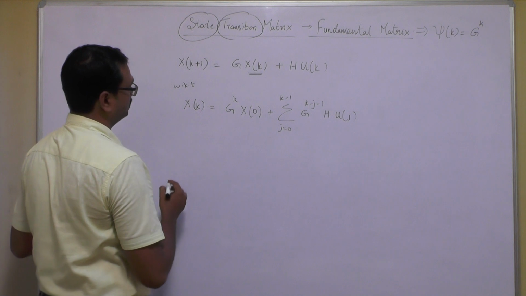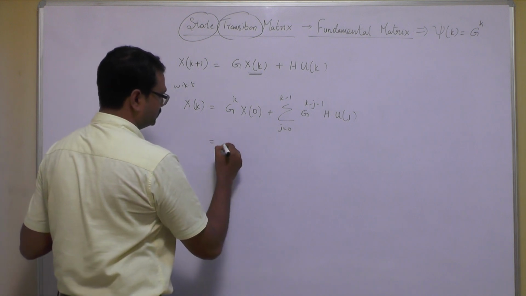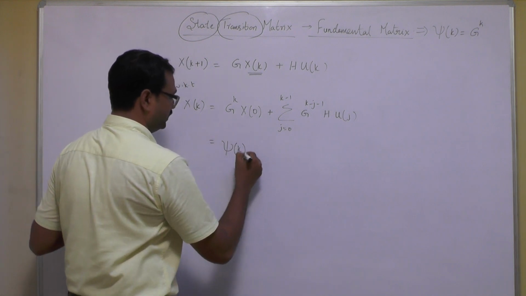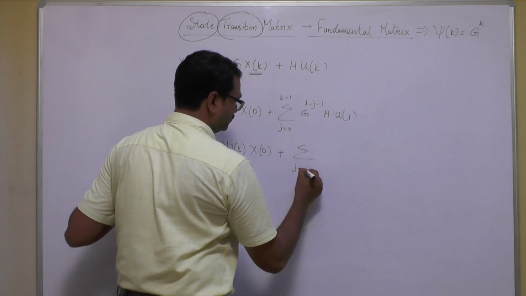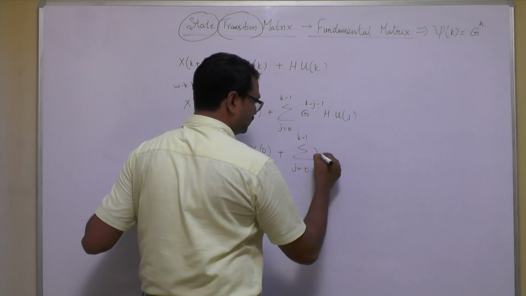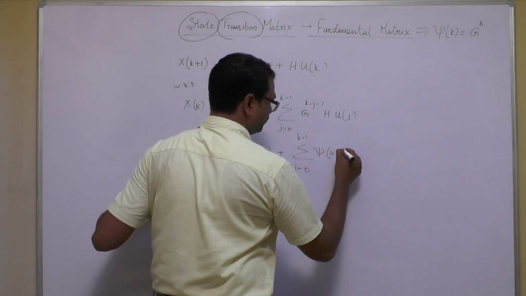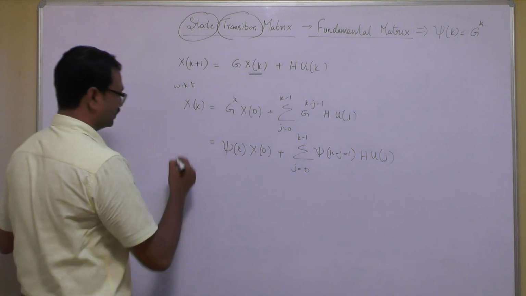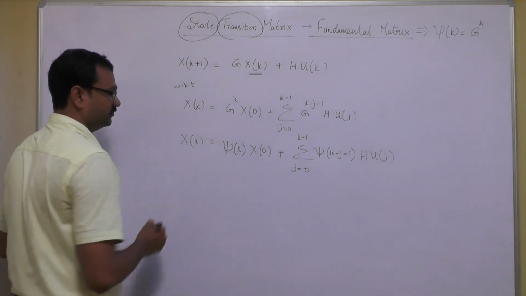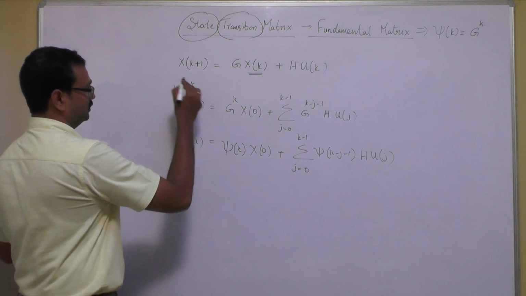Replacing this, you can also call it psi of k x of 0 plus sigma j equals 0 to k minus 1 of psi of k minus j minus 1 h into u of j, which is our x of k.